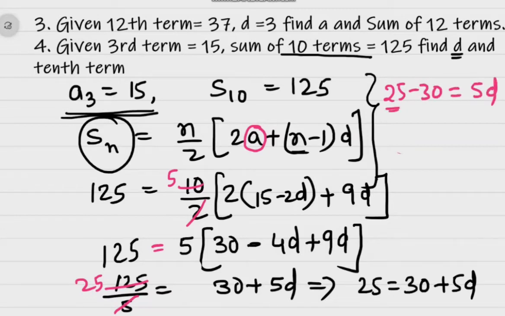Now see, from the smaller number you are removing the bigger number, so you will get minus 5 equal to 5d. And therefore d will be equal to minus 5 by 5, and ultimately d will be equal to minus 1.